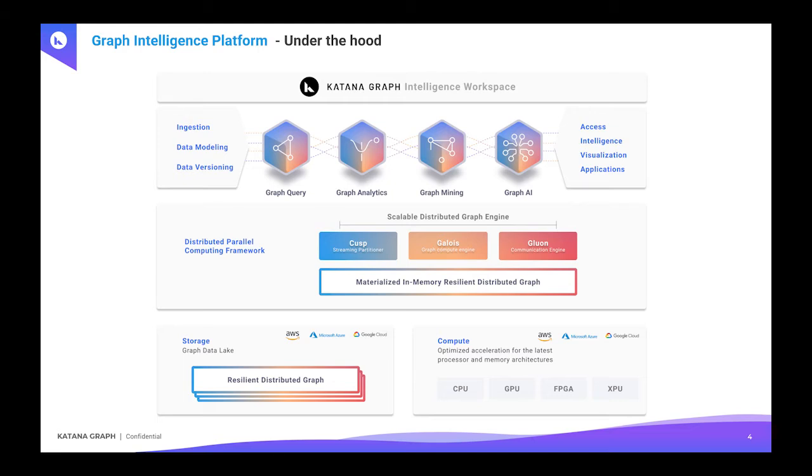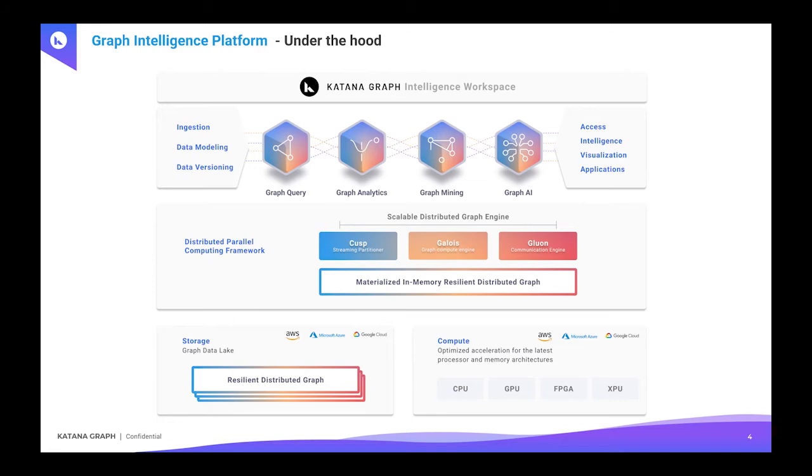In the middle of this figure is the core of the Katana system, which is designed to handle general large-scale graph computing workloads. We designed a graph storage format called Resilient Distributed Graph, or RDG for short, with efficient in-memory topology and property data representation. Our scalable distributed graph engine consists of three components: a streaming partitioner, a parallel graph compute engine, and the distributed communication engine.